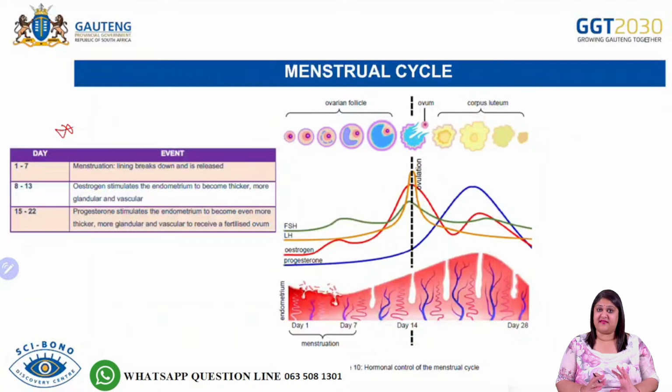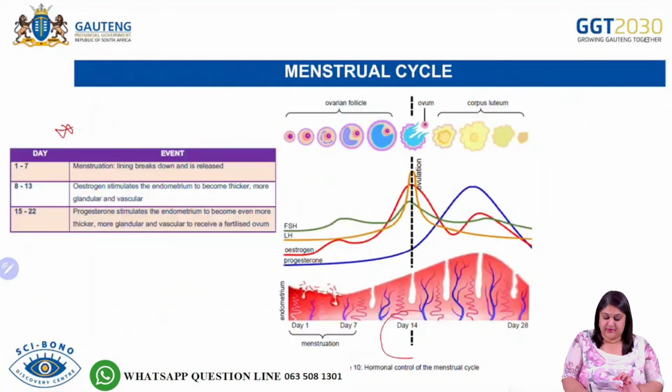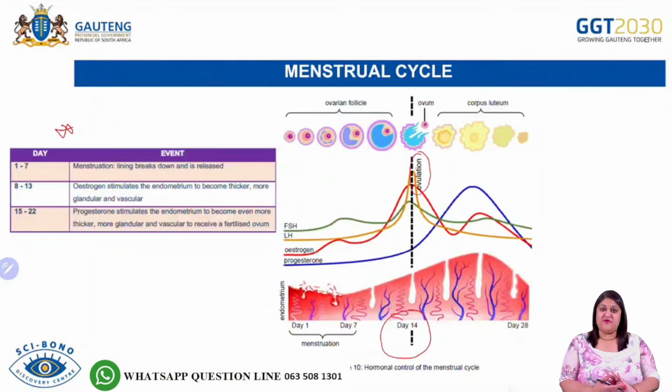When we reach day 14, we have ovulation. Then from day 15 to day 22, progesterone stimulates the endometrium to become even thicker, more glandular and vascular to receive the fertilized ovum.